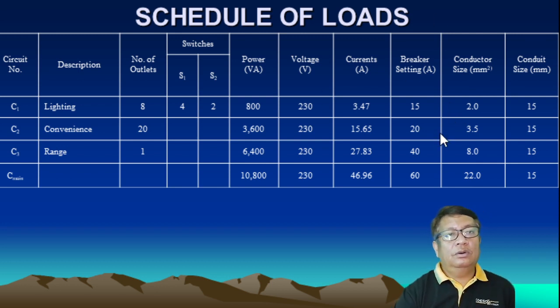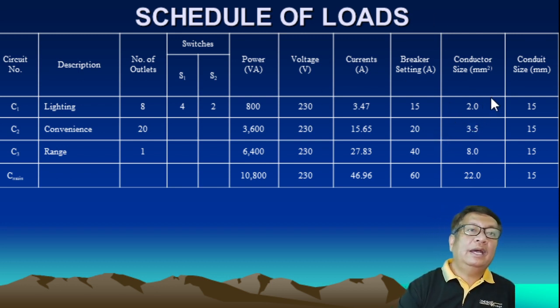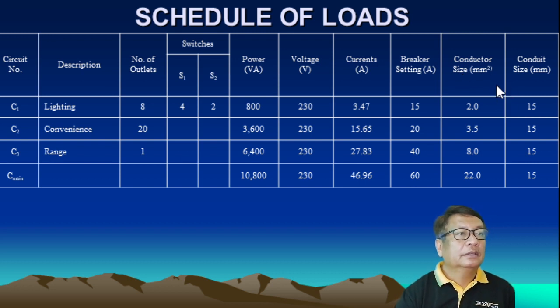Okay, so next you have to assign the conductor sizes. Take note that the conductor size should match the breaker setting. For example, if we have a breaker setting of 15 amperes, it matches 2.0 mm squared conductor size. If we have this 20 ampere breaker setting, it matches 3.5 mm squared.